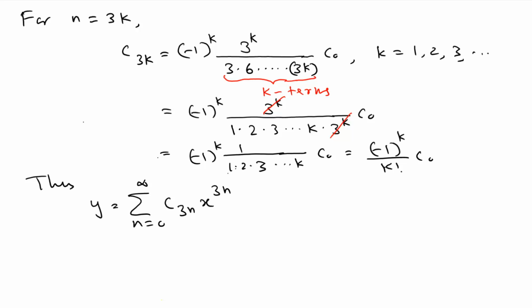Those are the only terms that we get. That's why we only write these terms, the multiples of 3. According to this formula, you can use k or whatever index you like. So with n going from 0 to infinity, you can substitute that, so it's negative 1 to the n over n factorial, c naught, x to the 3n.